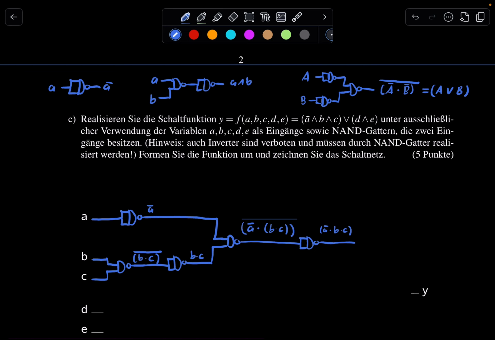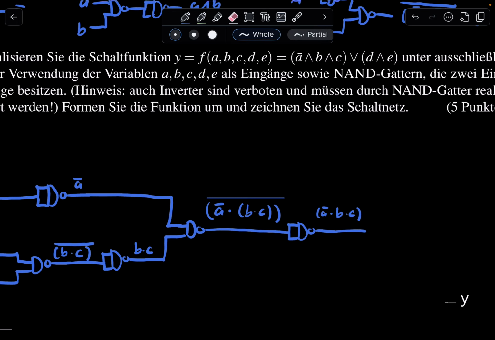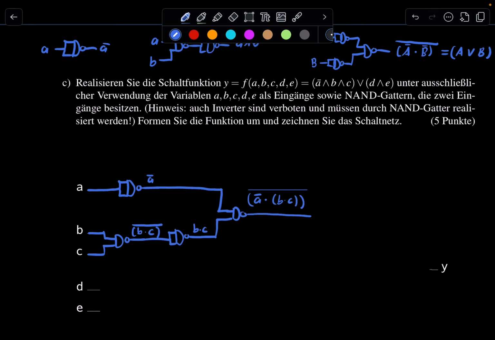But remember that we wanted to have it negated. So we don't need this by itself, we really don't need this. What we actually wanted to have is this effect. So we erase this, and we can check this out.